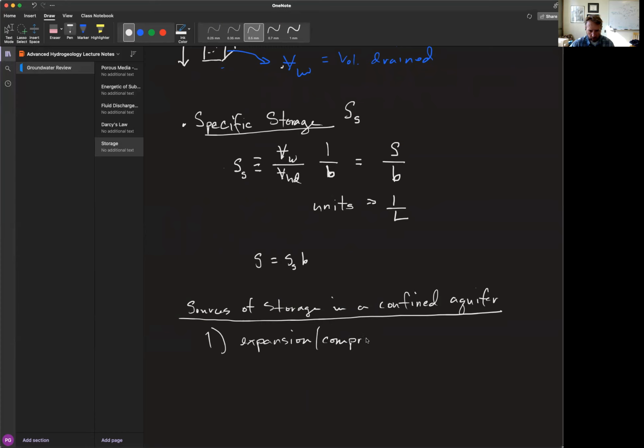So this is expansion or compression of the water as pressure either is released or increases. And then 2 is the expansion or compression of the porous media.